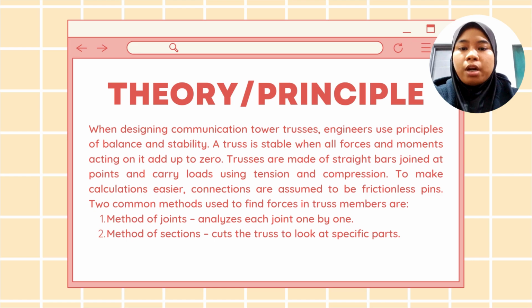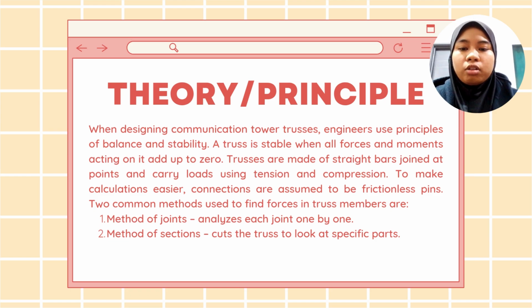I want to talk about the theory of communication tower trusses. When designing communication tower trusses, engineers use the principles of balance and stability. A truss is stable when all forces and moments acting on it add up to zero. Trusses are made of straight bars joined at points and carry loads using tension and compression.